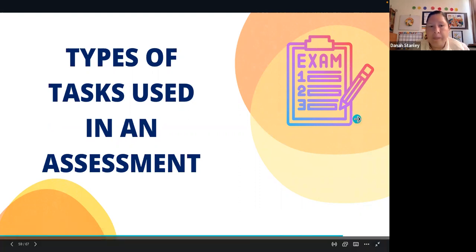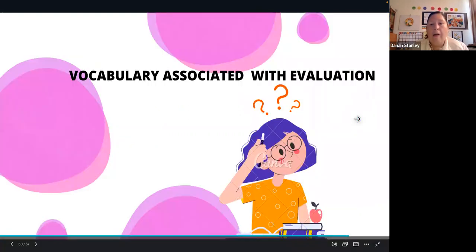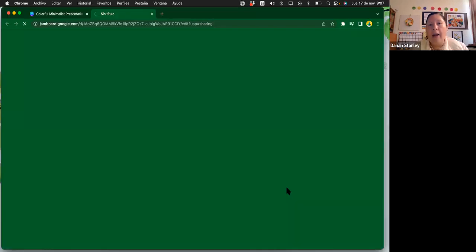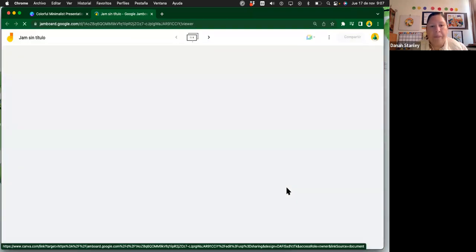All right. First, we are going to activate schema, thinking about all the vocabulary, the words and expressions, the jargon we associate with evaluation. And I'm going to ask you to participate.